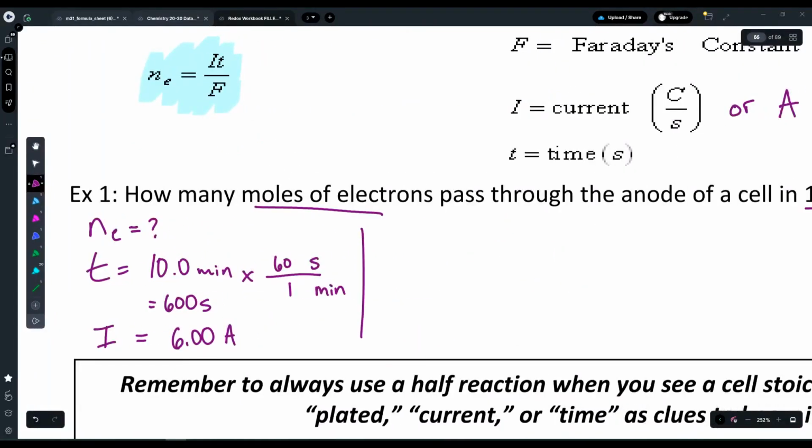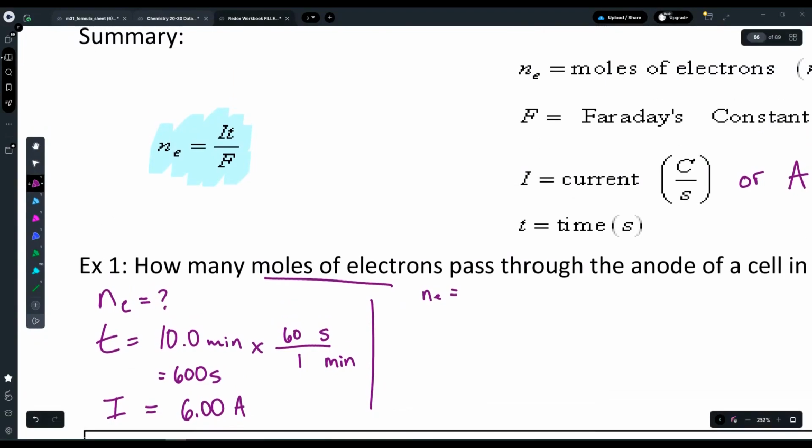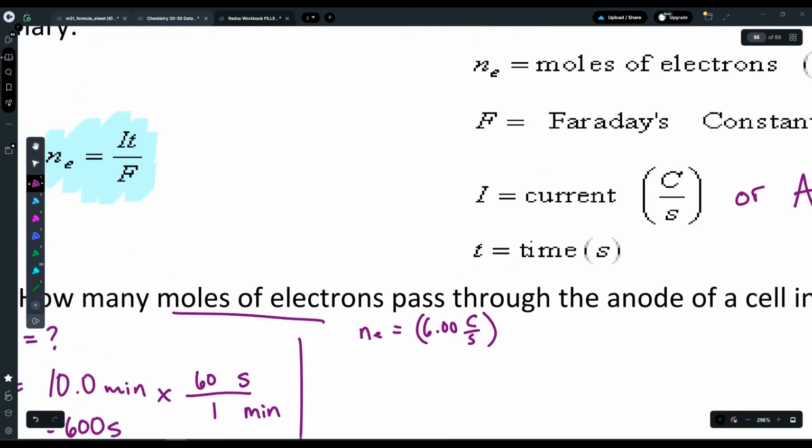Okay, so now that we have our list of givens, let's start off with our formula here and plug in our numbers. So current, that was 6 amps, which I'm going to write as coulombs per second because they're equivalent, just so you can see how the units cancel out.